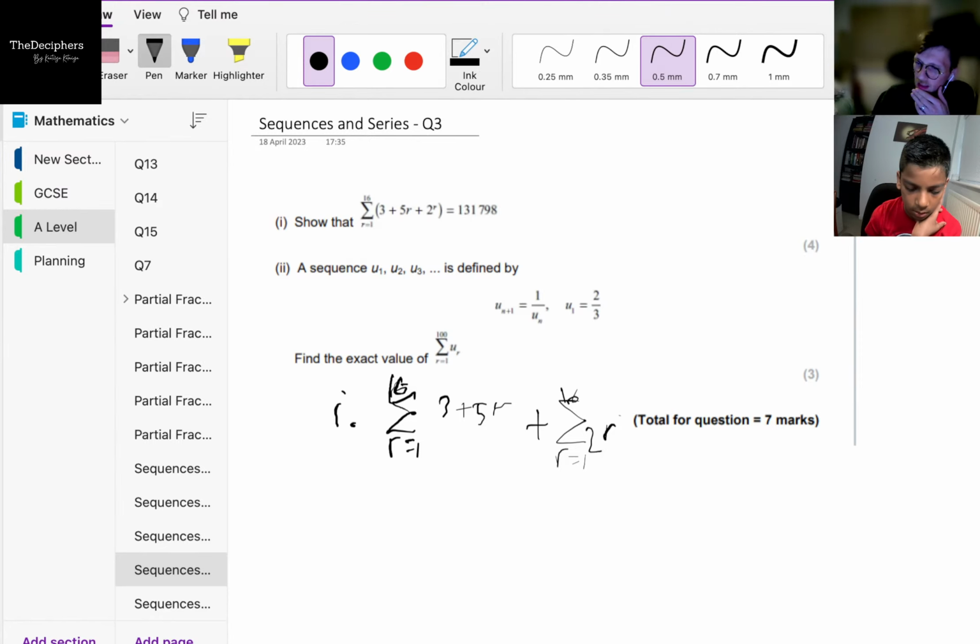It's weird that they use r in the sigma notation, but no, it's not the common ratio. It's weird that we're going to have to use 2 r's, but it's just convention. So you're perfect so far, splitting it up. Let's think about the 3 plus 5r first.